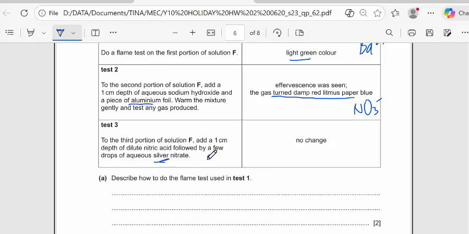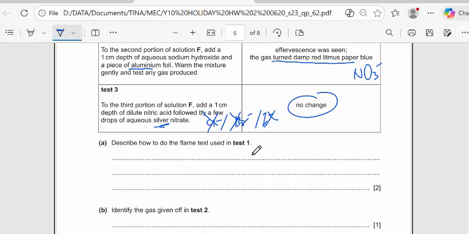This is supposed to test for chloride, bromide, iodide. But no change, that means don't have these three lah. Is that proof that no halogen? Yes, no halide. No chloride, bromide. Halogen is chlorine. This is halide. Halogen is the molecule. Halide is the ion.